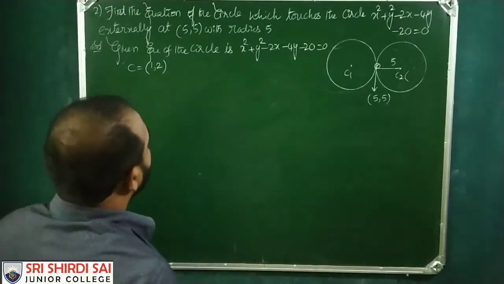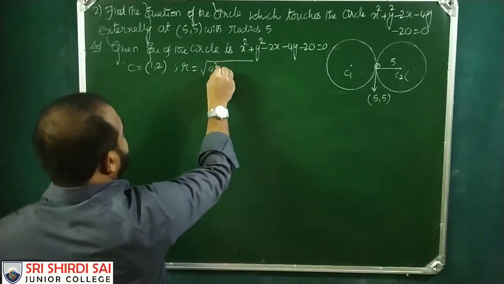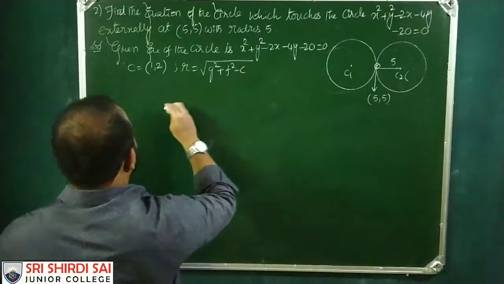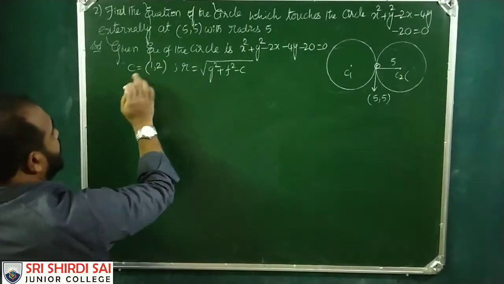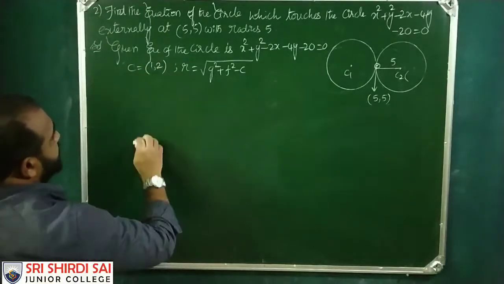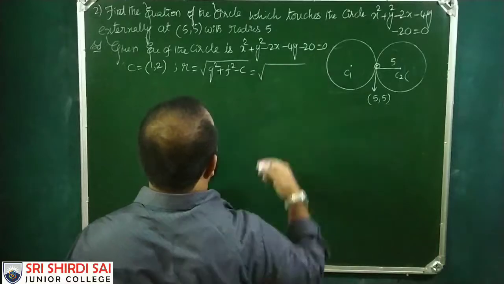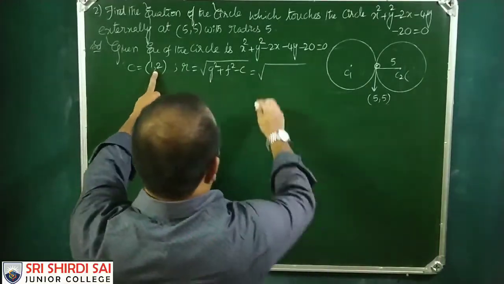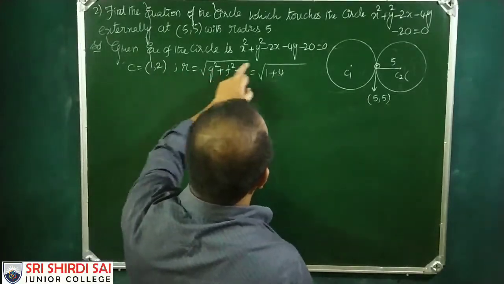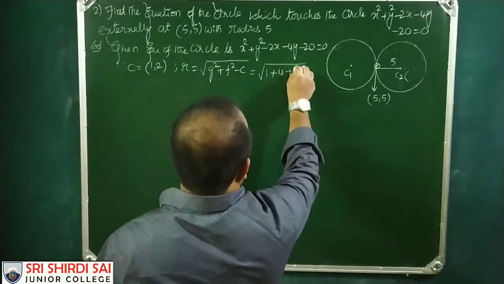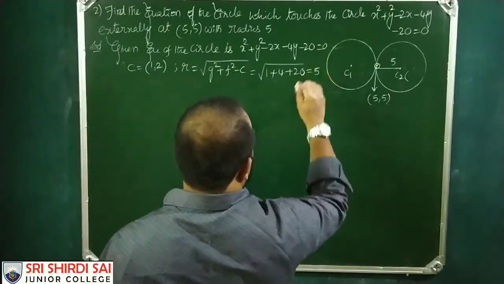What is the radius? Square root of g square plus f square minus c, where the center of the circle is minus g comma minus f. So g square 1, f square 4, minus c, minus of minus is plus 20. That is root 25, which is 5.